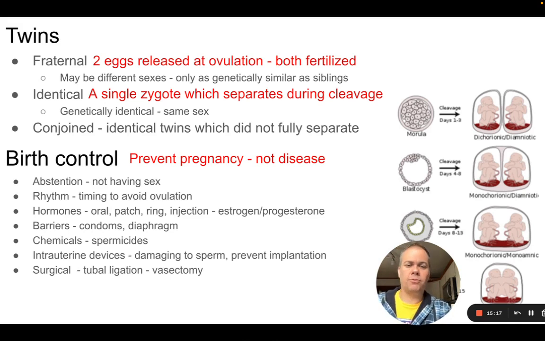It prevents sperm from reaching the egg, and prevents the implantation of any embryo as well. And as we've already talked about, there are surgical, permanent means of birth control. In men, they can have a vasectomy in which the vas deferens is cut, so the man does not release sperm in the semen any longer and can't make a woman pregnant. Or a tubal ligation in a woman prevents eggs from being fertilized as well.